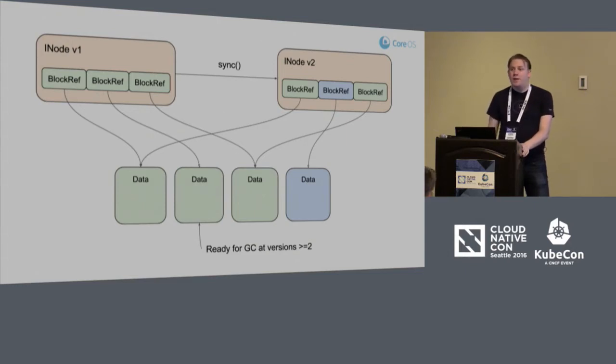It's no longer referenced by inode 2. And that second data block there is ready for garbage collection once every node has checked in with etcd and knows that the latest version is 2. If it still thinks it's 1, it can hold on to future versions. That's cool, because it's still in the future, and we don't know to delete it yet, and we shouldn't, because it's coming from the future, coming from possibly unwritten state. But if it was old, we know it's time to go.